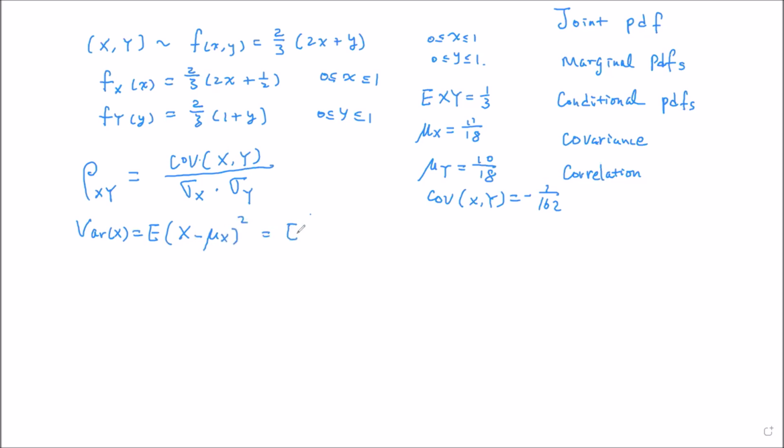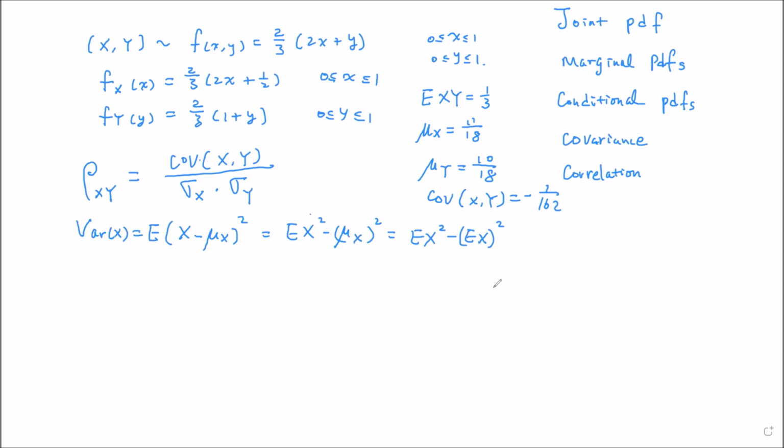But expand it, use the property of expectation, and we get this formula instead. I usually like to use this kind of expression. You see E of x squared, and then you have E of x, squared. Please pay attention that these two quantities are in general not the same. This is the integral of x squared times f of x. This is the integral of x times f of x, then squared.